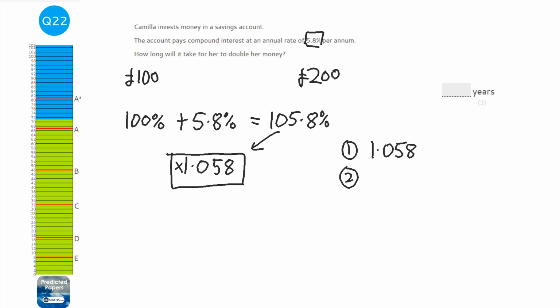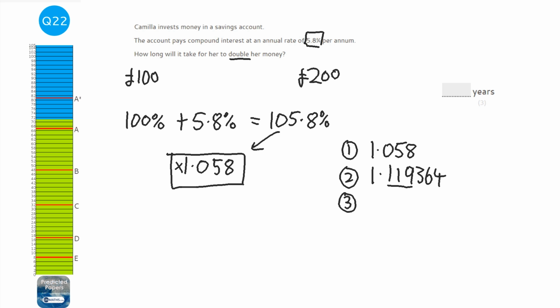To get year 2's, all you need to do is take 1.058, which was year 1's multiplier, and just times it by 1.058 again. And so I get 1.119364. Well, if you have a look at this bit here, it means it's increased by 11.9%. Well, we're looking to double the money, so we need it to be a 2 point something.